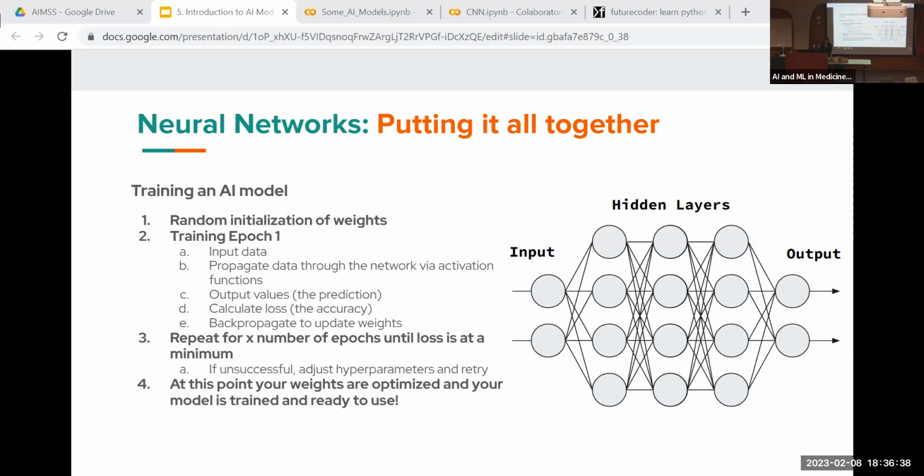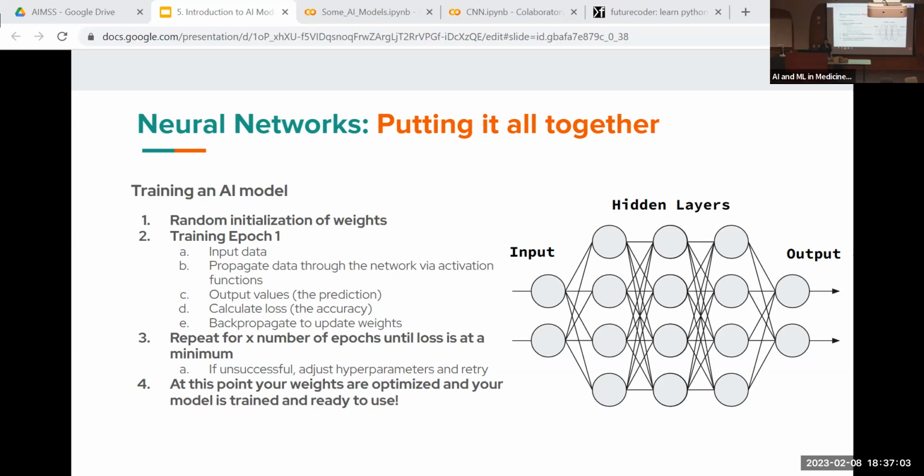To summarize how neural networks work, we start from a random initialization of weights, and at each step, we have the input data. We calculate the output based on the input data. Based on the predicted value and the actual value, we can calculate the value for loss.